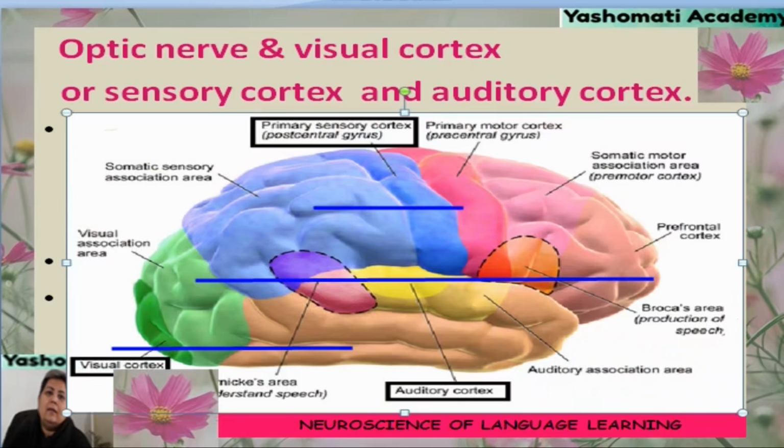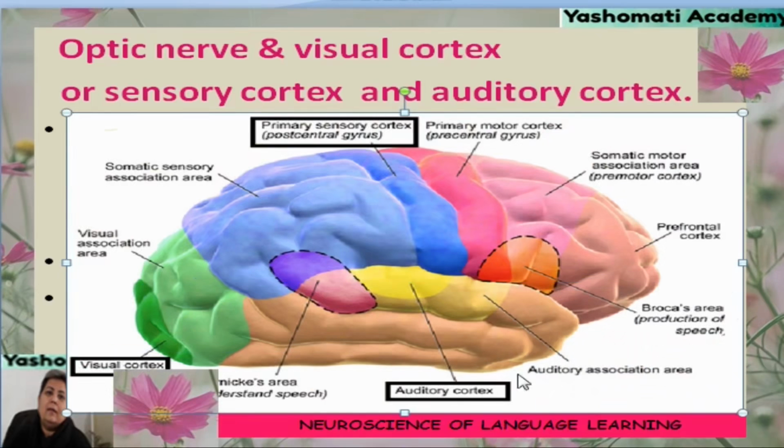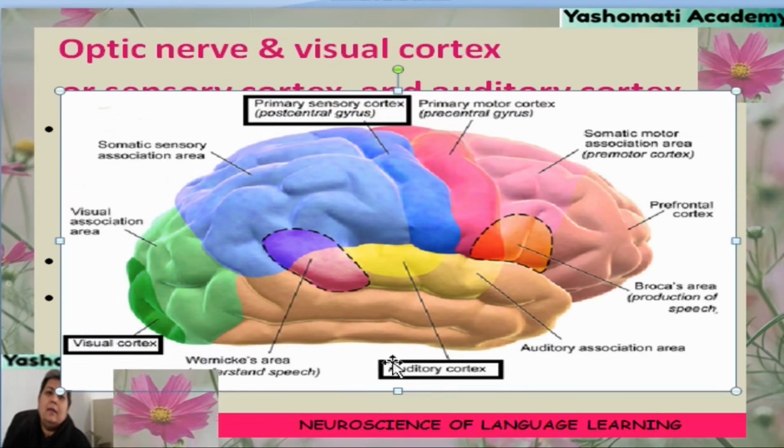Now here you see that this is the area which is the auditory cortex, where the auditory stimulus is understood, and this area is visual cortex where the written word is understood, and this is the sensory cortex where the sensory impulses are received and understood.